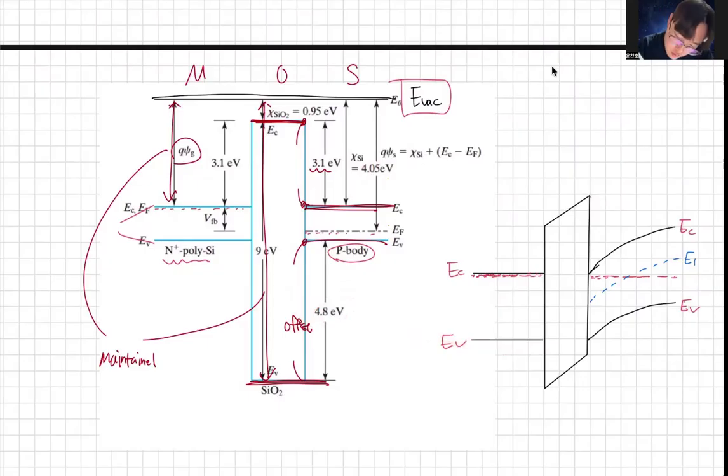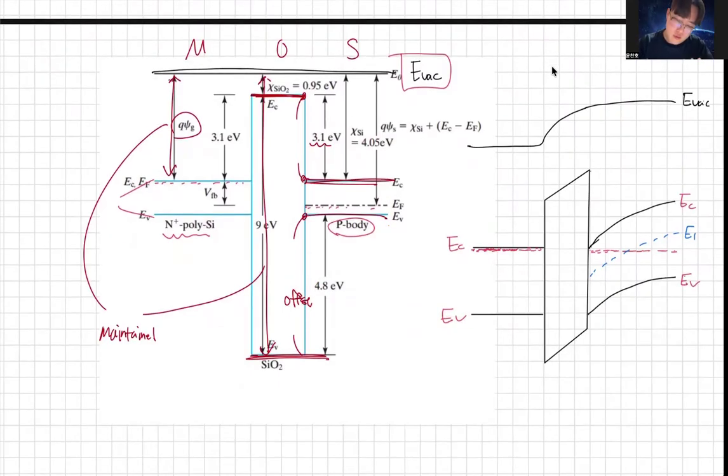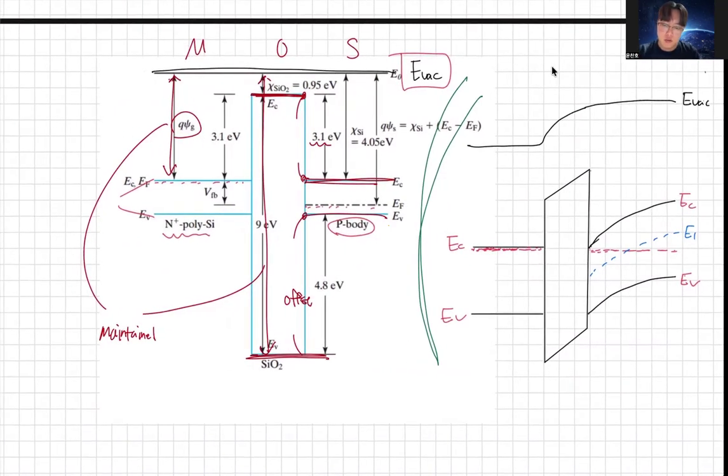And we can draw the vacuum energy level like this. We have to draw the slope here and like this. As you can see, if we draw the MOS band diagram in the thermal equilibrium situation, simply we can draw it like this.